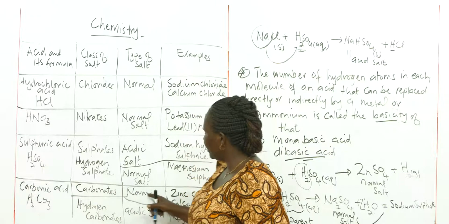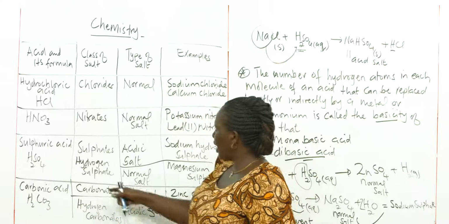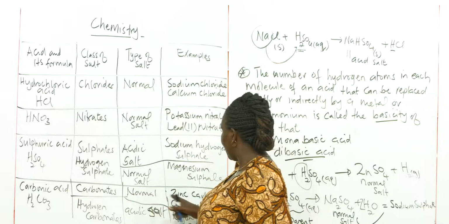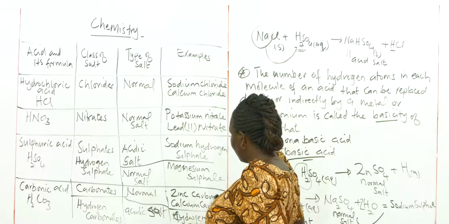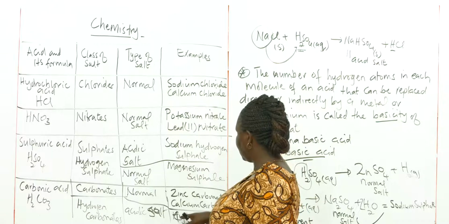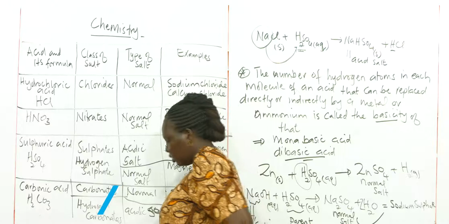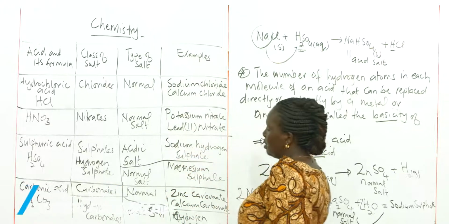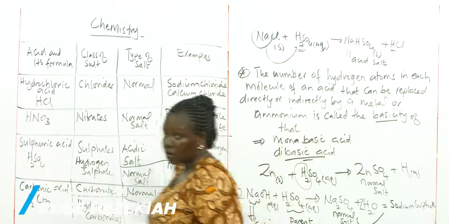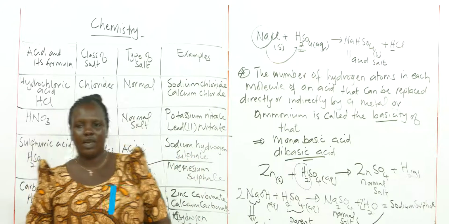Carbonates is a normal salt, hydrogen carbonate is acidic salt.